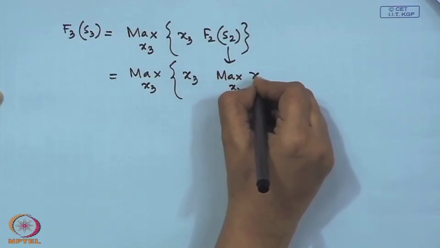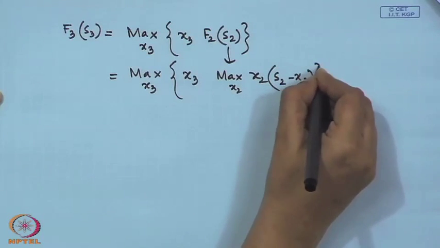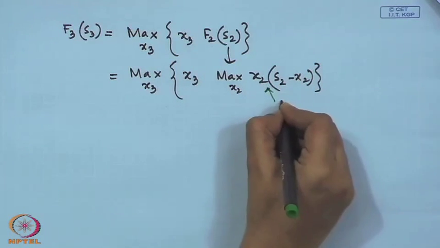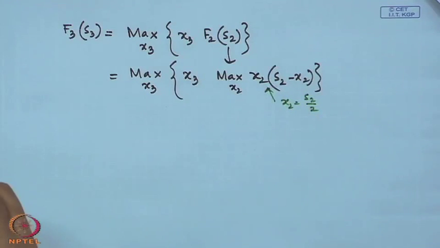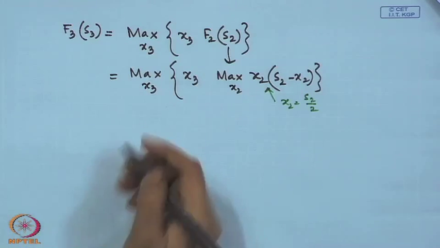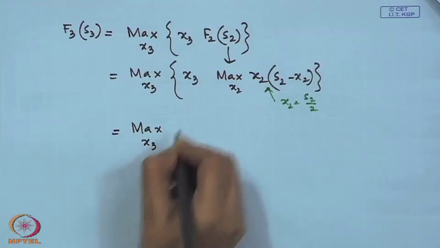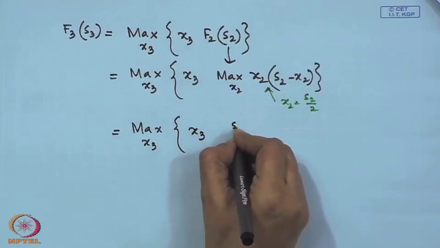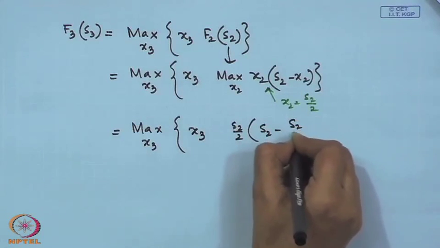f2 s2 was the maximization over x2, this part I am just writing. This is equal to x2 times s2 minus x2. Just now we have seen that maximum occurs when x2 is equal to s2 by 2. That is why let us substitute this value here, then we will get maximization over x3 of x3 times s2 by 2 times s2 minus s2 by 2.